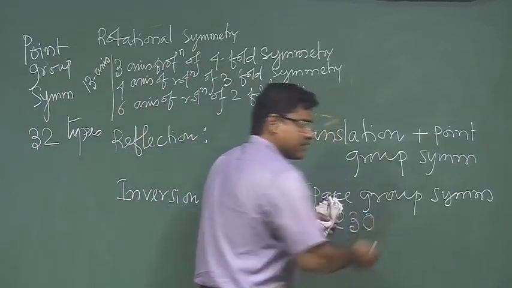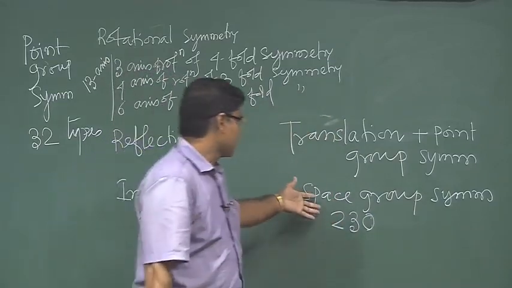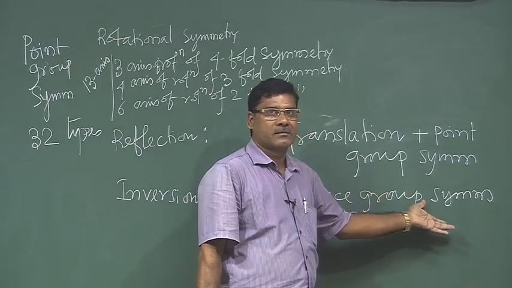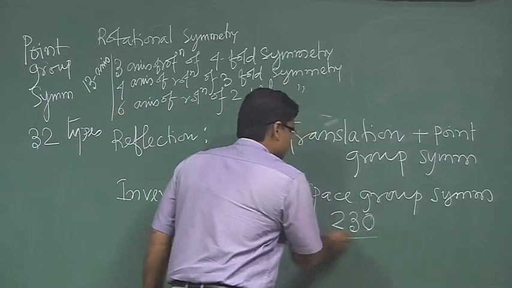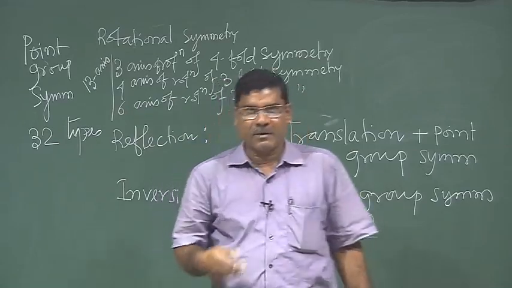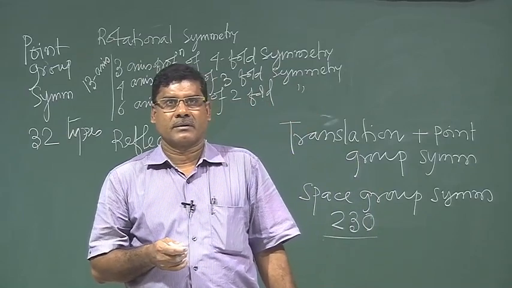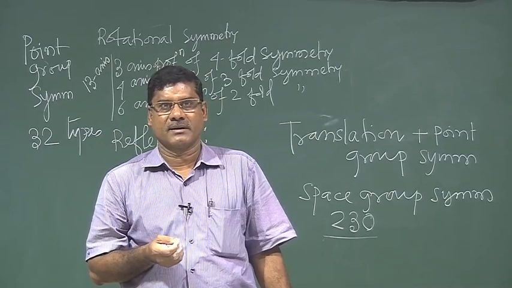And basically the Bravais lattice shows these 230 types of space group symmetry. So, this is about the symmetry of crystals, the elementary preliminary concept of symmetry.